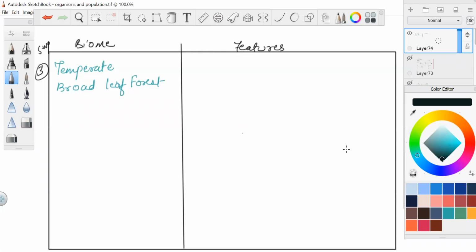They have a temperature of 6 to 20 degrees Celsius, and the precipitation is 1000 to 2500 mm per year. This is the mean annual precipitation.